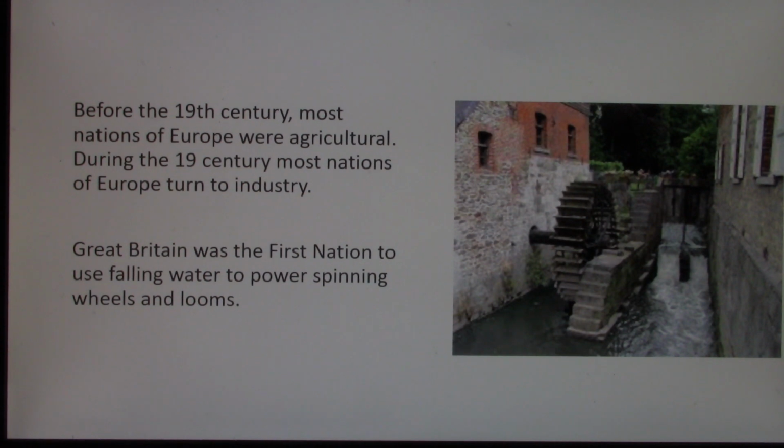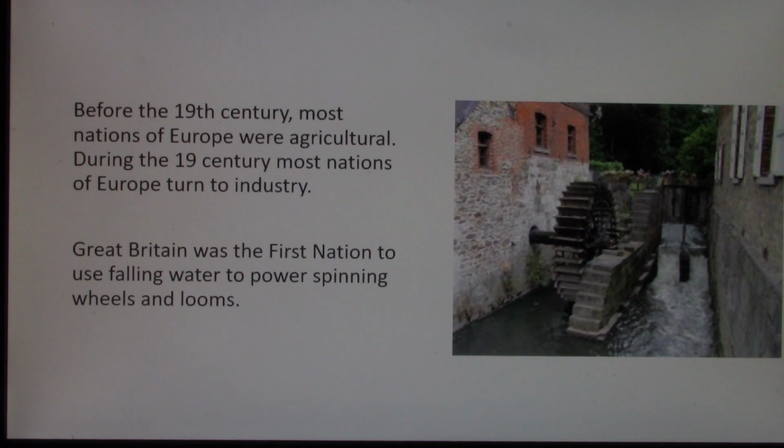Now, before the 19th century, most of the nations of Europe were agricultural. During the 19th century, that would be the 1800s, most of the nations of Europe are going to turn to industry. Great Britain was the first.